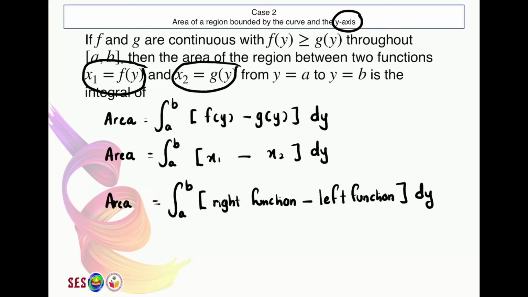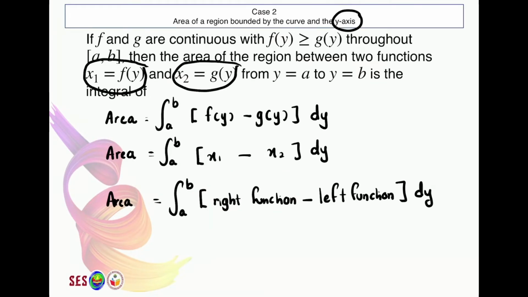So you put dy. Before this we have taken the upper function minus the lower function, so that is for the area of a region bounded by the curve and the x-axis. For the area of a region bounded by the curve and the y-axis, you take the right function minus the left function, and integrate with respect to y. So the function has to be in terms of y.